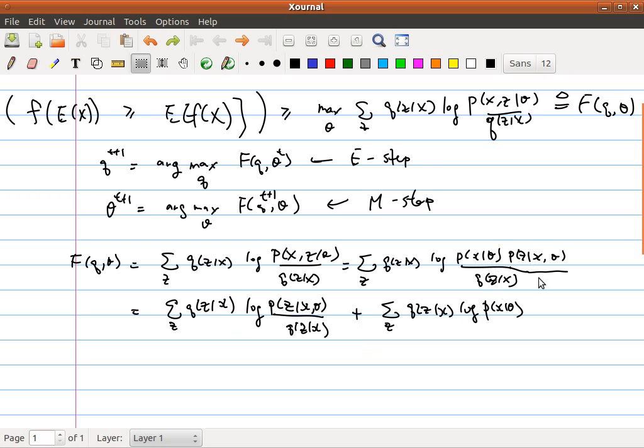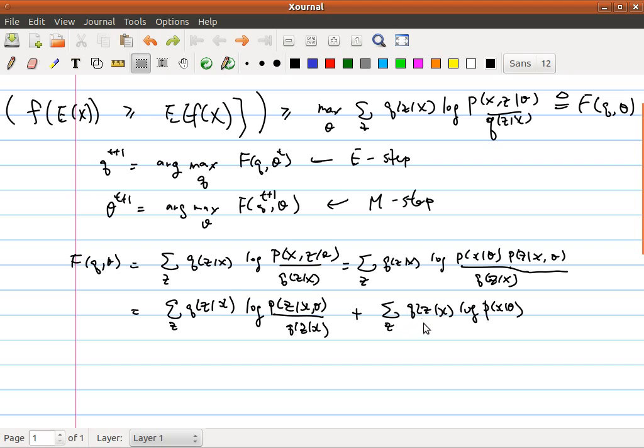I group these two terms, with the first term being the one with p(z given x, θ) and p(x given θ) in the second term. Note that p(x given θ) does not depend on z, so I can pull it out, and my sum over Q basically just gives 1 because Q is a PMF.